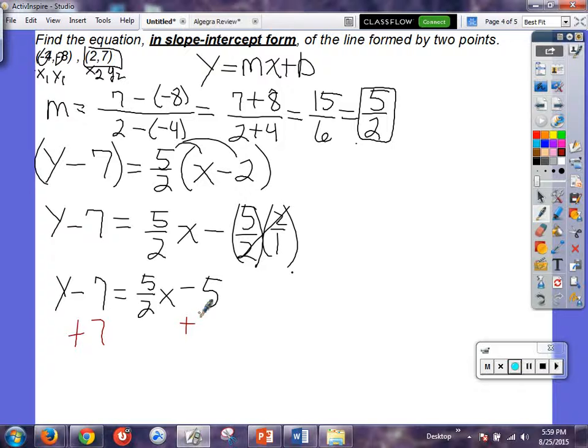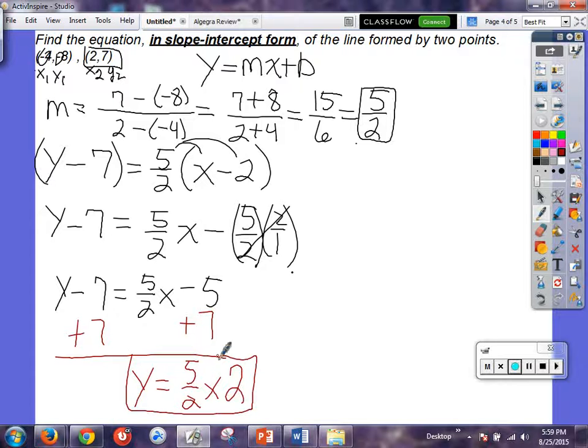Add the 7. And we have 5. Alright, we're done.